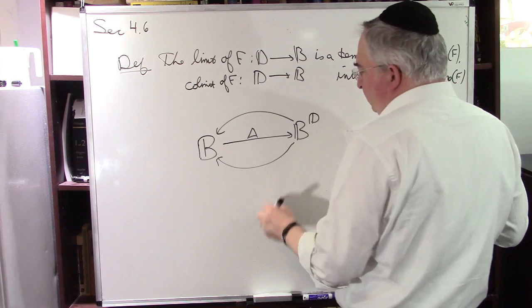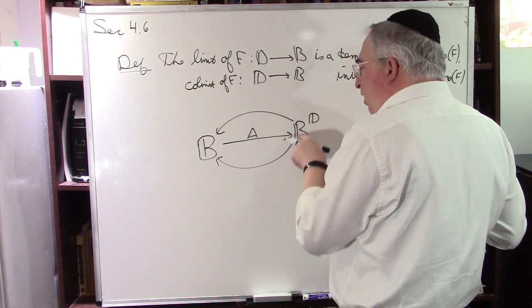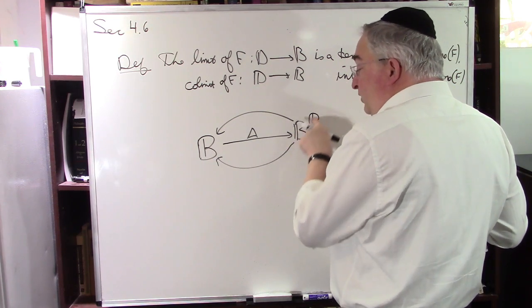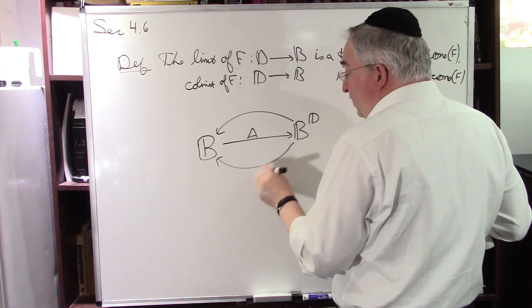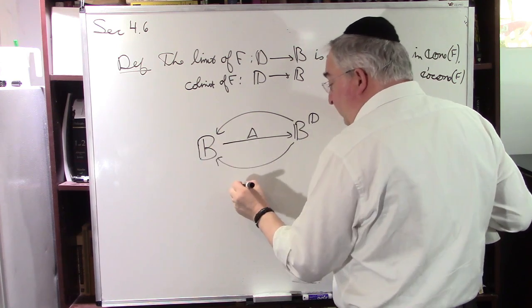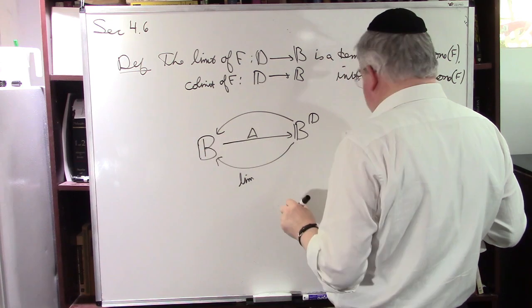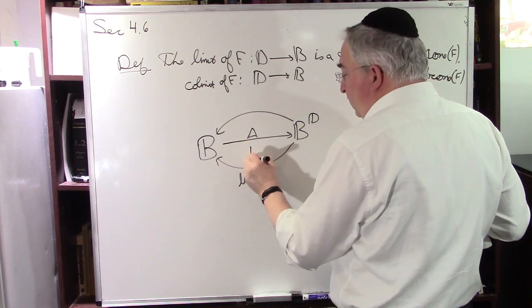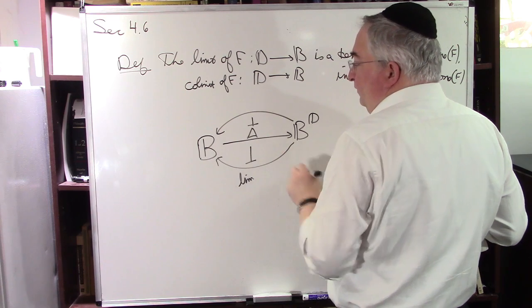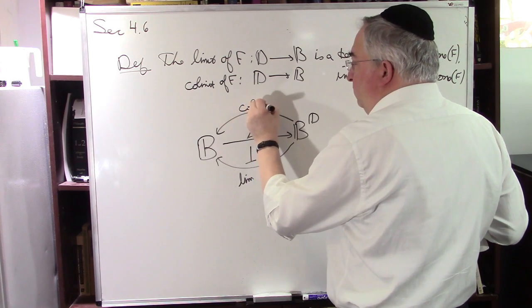And if you take a functor here from B to D, and you look at the limit of that functor, that's an object in here, then colimit.